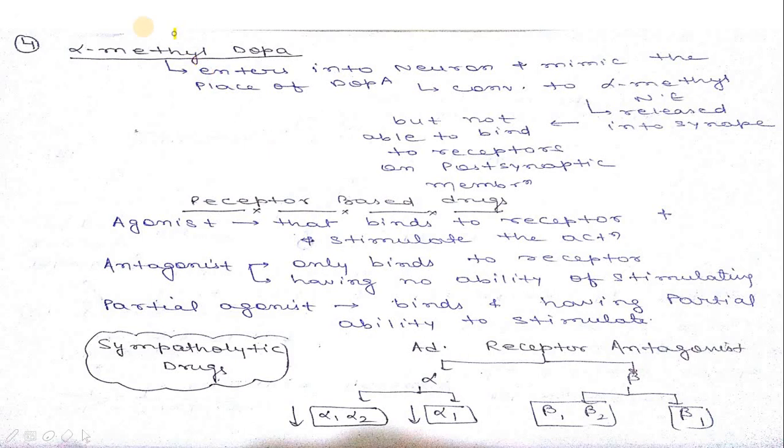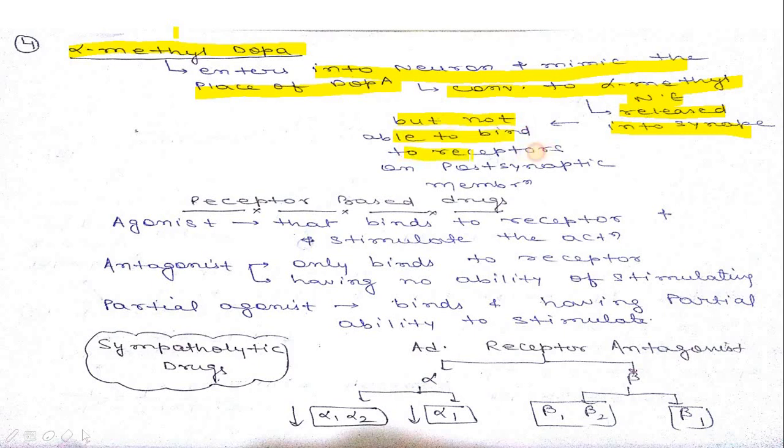Okay, the next drug is your alpha methyl dopa. It enters into the neuron and mimics dopa. Okay, it is mimicking the place of dopa. It is converted into alpha methyl norepinephrine and it will be released into the synapse, but it will not bind to the receptor on the postsynaptic membrane, because the receptors are very, very sensitive. They can only bind norepinephrine. They will not bind alpha methyl norepinephrine. But this alpha methyl dopa cheats all the enzymes.